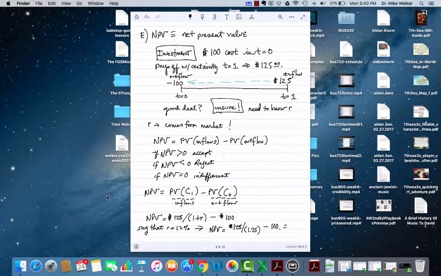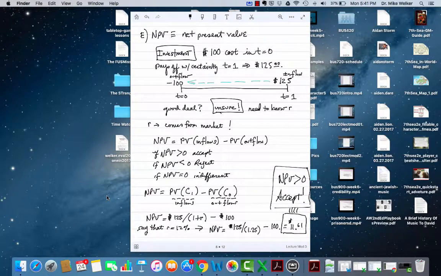So this net present value is winding up being $11.61. So we have a positive NPV, so we should accept. The NPV is greater than 0. Yay, we're going to add to wealth as a result of this. That's good news. This is something important.